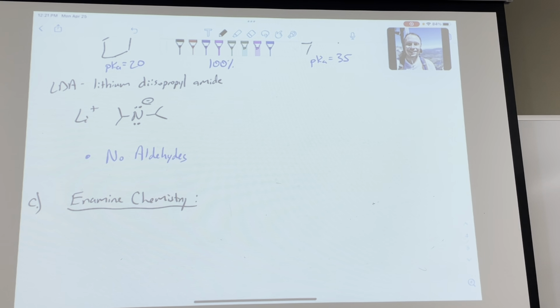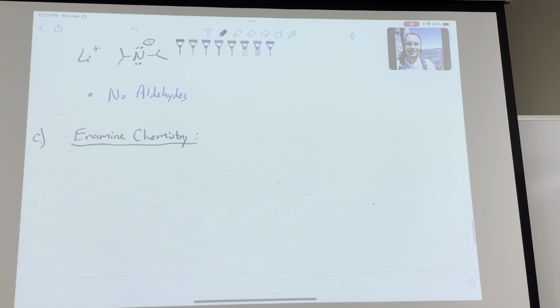So again, we've seen this before. Take an aldehyde or a ketone. Add a secondary amine. I don't think we need to go through the mechanism of this because we did it way back when, but if you take a carbonyl, an aldehyde or a ketone, and add a secondary amine, we get the enamine.